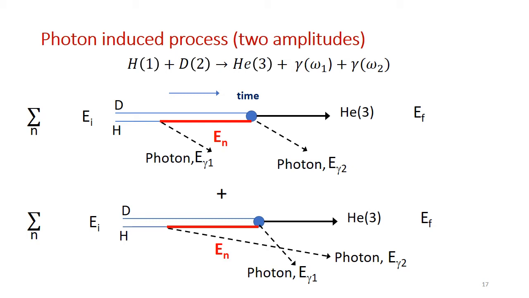So that is what the calculation actually involves. The second amplitude is similar to this, except that the photon with energy E gamma 2 can come from the first vertex, and the photon with energy E gamma 1 can come from the second vertex. So both these processes have to be included.